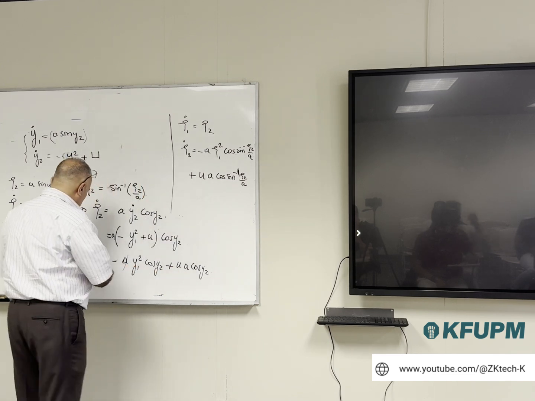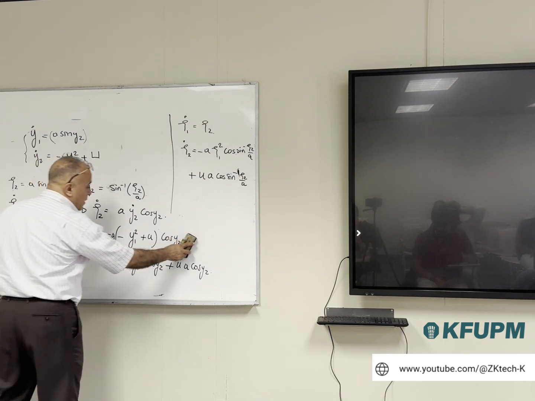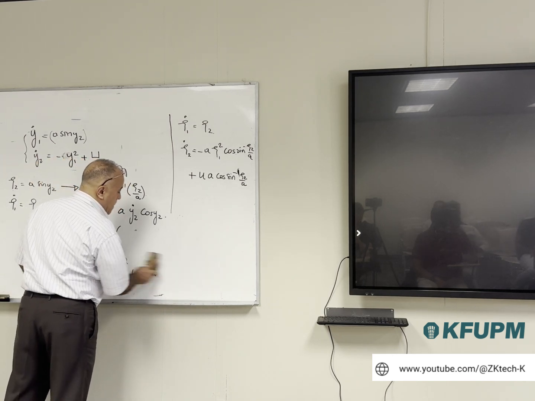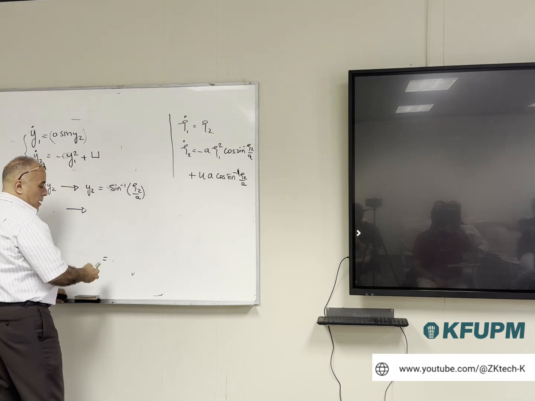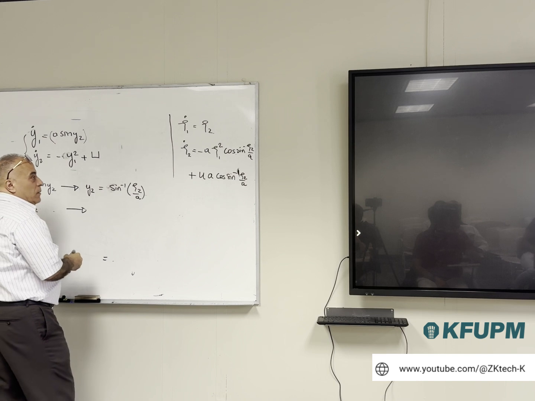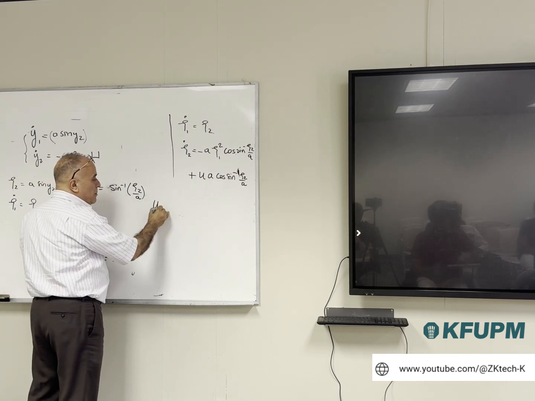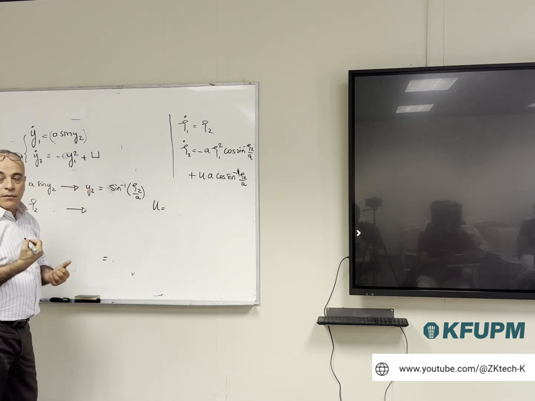Exactly. So if you would like to design a controller that makes the system linear, what you need to do is this. You need to put a controller u. So this is my design of the controller.